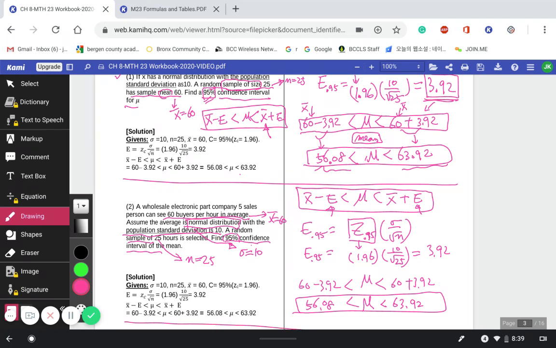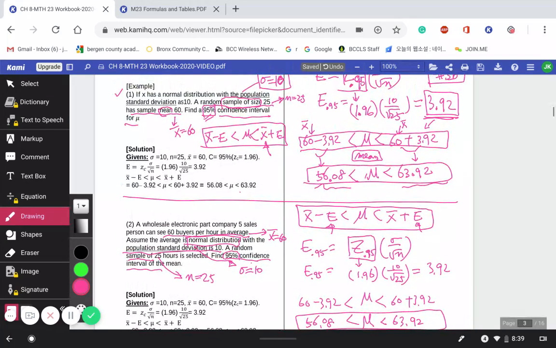So now, if anybody noticed already, we have exactly the same answer for example 1 and example 2. Yes, it's the same question in a different style. Number 1 was bare bones style, and number 2 is a more elaborate style, but they are talking about the same thing, so you get the same answer.